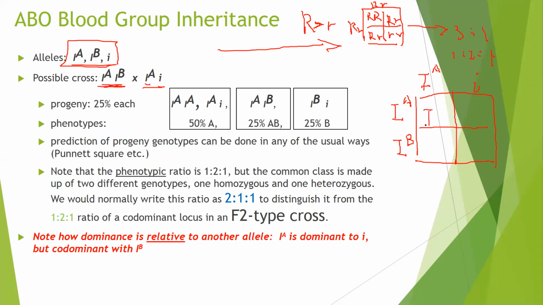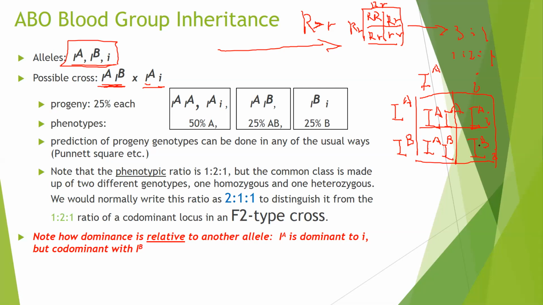So for their kids, the genotypes could be IA i, IA IB, IA IB, and IB i. So how many genotypes are there? Actually, there are 4 genotypes here, because there are 3 alleles.